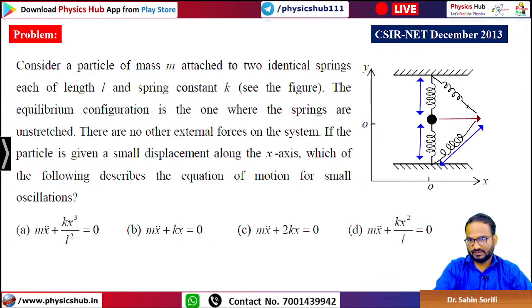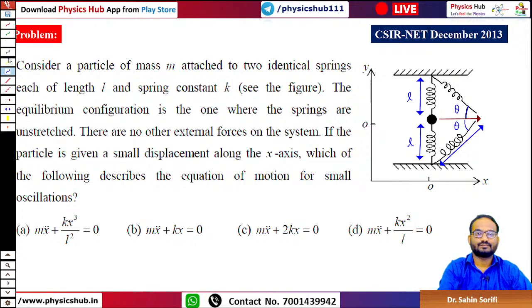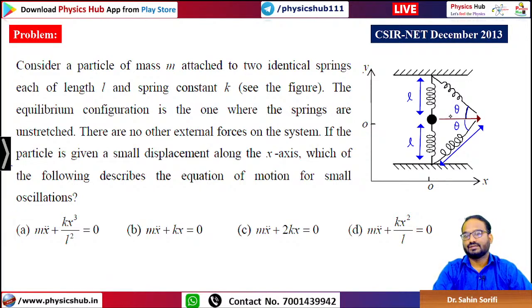So let's say this angle is theta. This length is given to you L, this length is given to you L, and if you have displaced it by an amount x, let's say this length is x, what will be this length? This length will be root over L square plus x square.